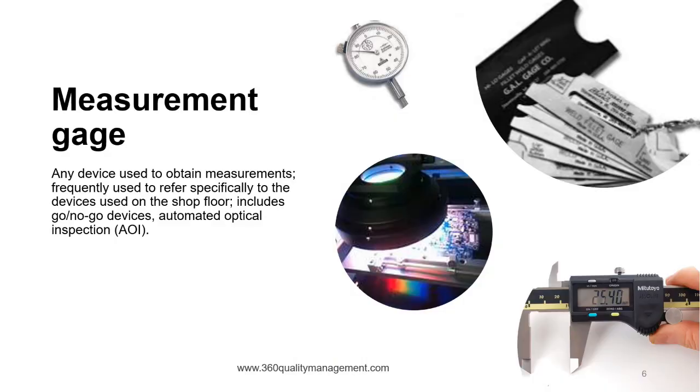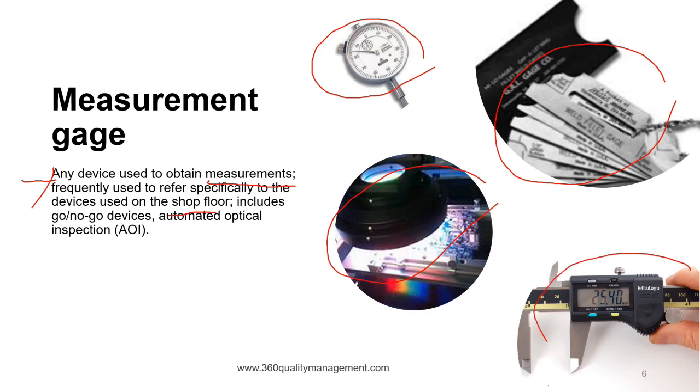Let's go through what a measurement gauge is in this slide. It is actually any device that is used to obtain measurements and frequently refers to devices used in the manufacturing area or the shop floor, which could include a go-no-go gauge like a feeler gauge, automatic optical inspection, or maybe a temperature gauge, and the vernier caliper.